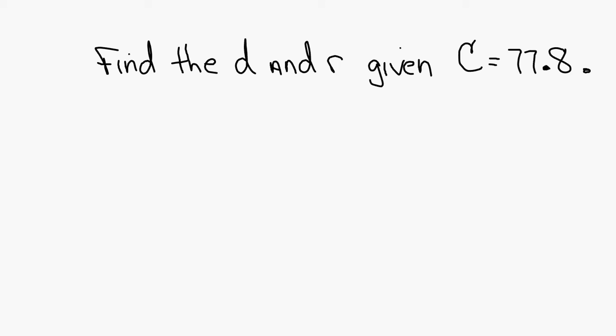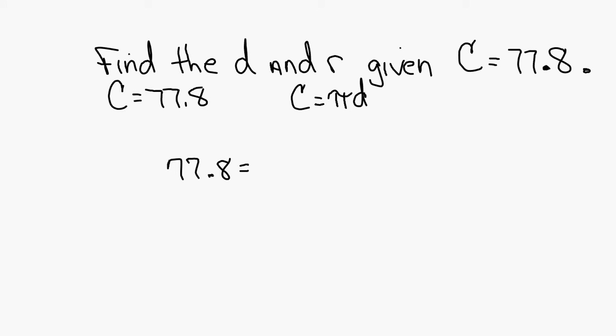So if your circumference equals 77.8 and circumference equals pi times diameter, then your 77.8 equals pi times diameter. You divide both sides by pi.